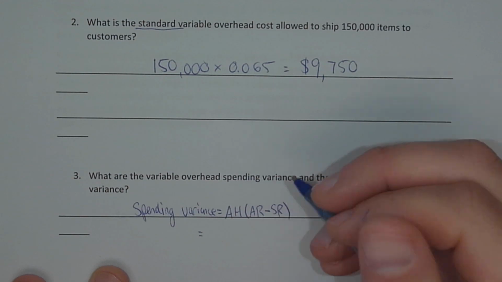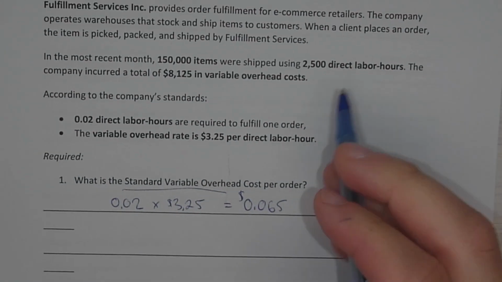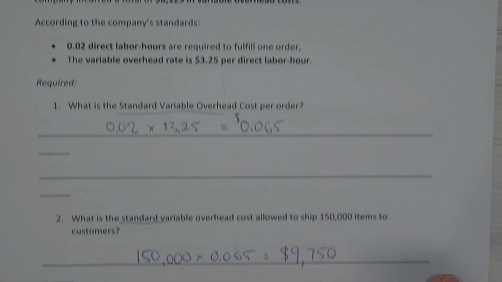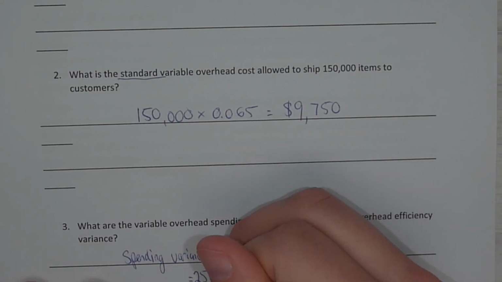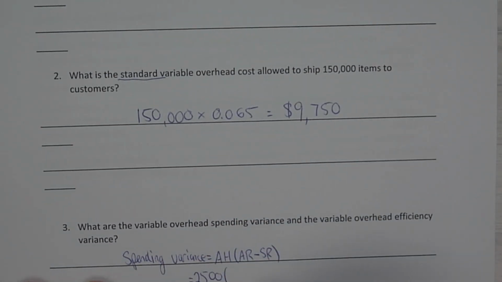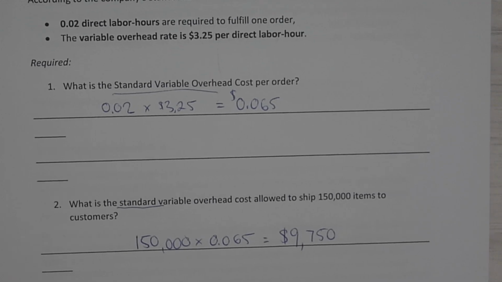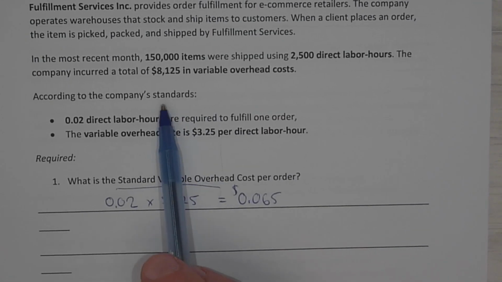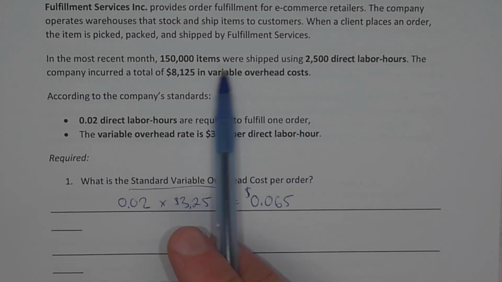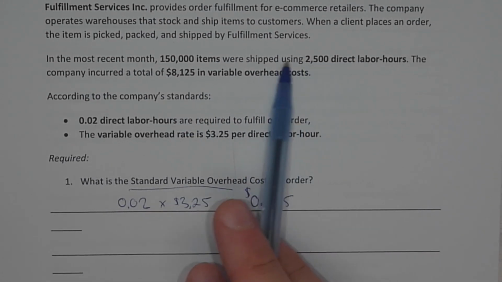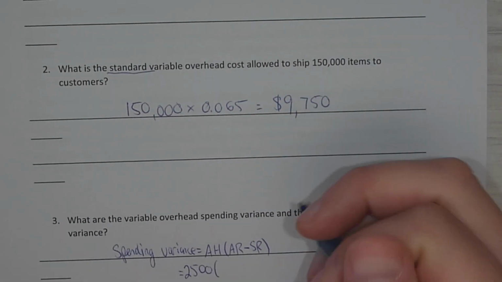Our actual hours was 2,500. Our actual rate was $8,125 divided by the 2,500, because this will determine what our actual rate was.